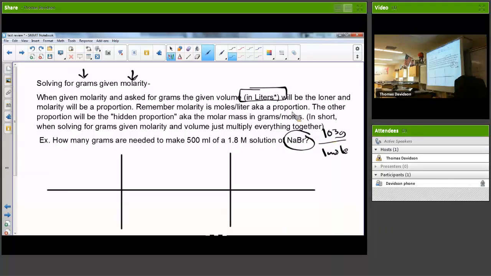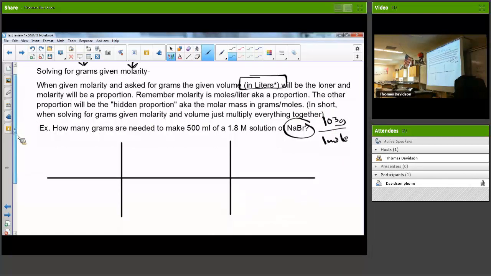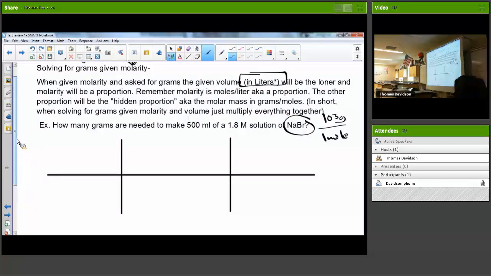All right, now, we'll come back to the parentheses here in a minute. So what did I tell you to start with? The loner. So look right here. 1.8 capital M is really 1.8 what? Moles per 1 liter. You have to remember that capital M is moles per liter.